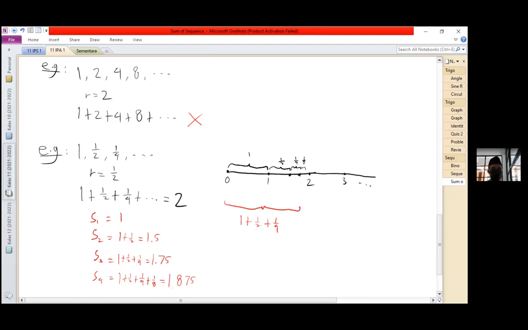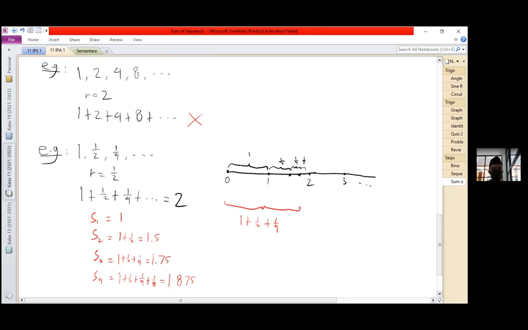If the ratio is between -1 and 1, then you will get something like this. For the first term and then the next term, you will add something which is what we call converge. So it will converge to some value, in this case 2.